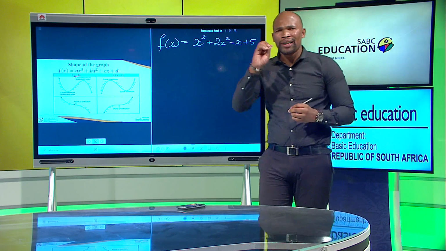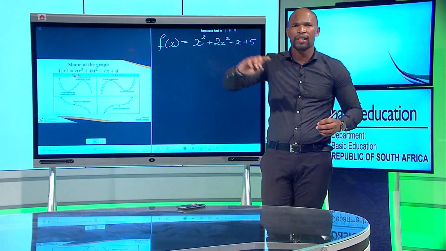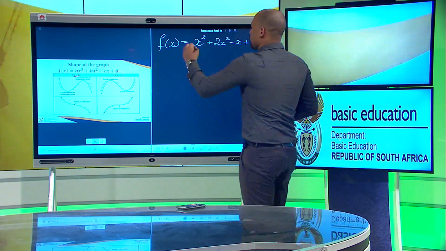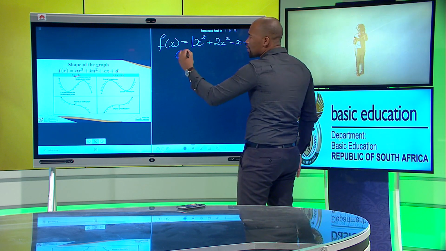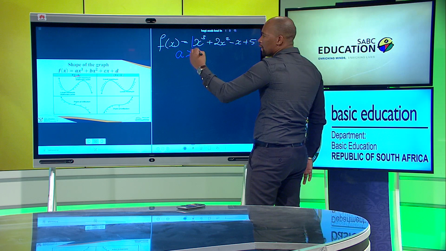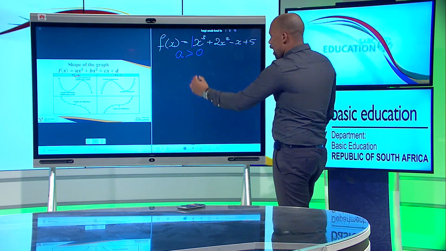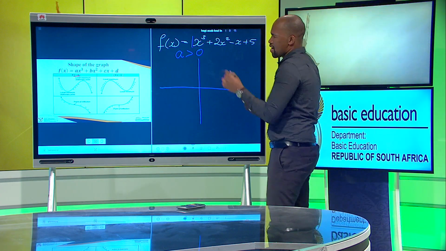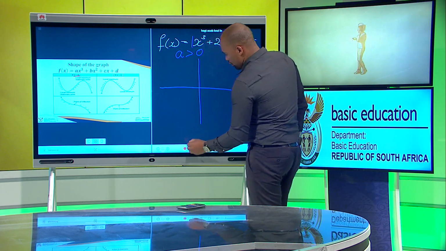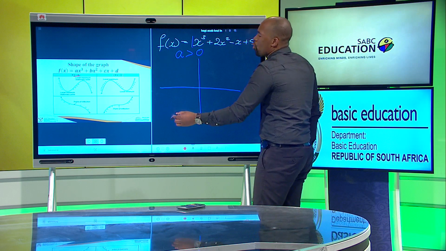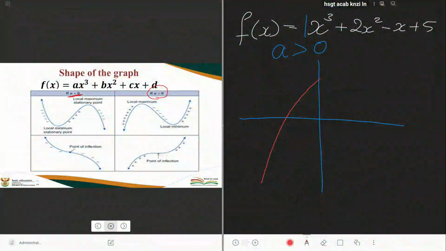Don't forget, we only need the coefficient of x cubed, which is the value of a. So the value of a in this example is 1. 1 is positive, so a is greater than 0 in this scenario. How would my graph be? If the value of a is positive, my graph will start by going up, and then at a certain point go down, and then go up.